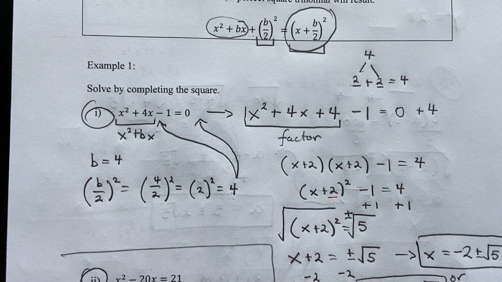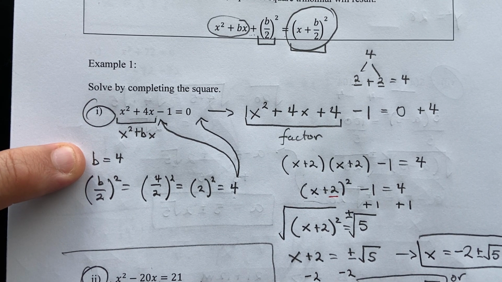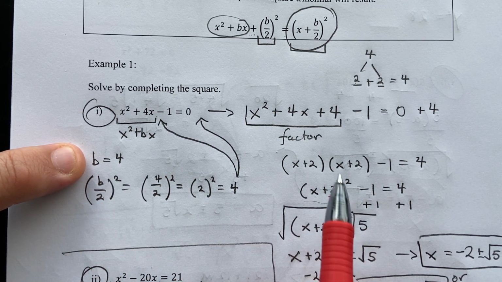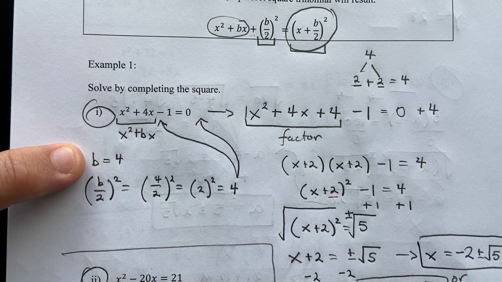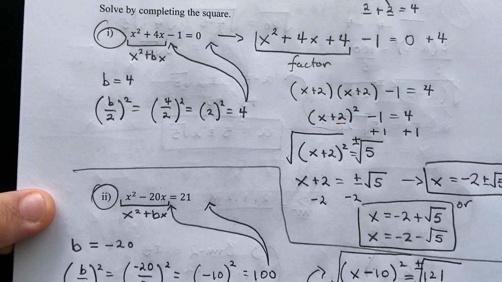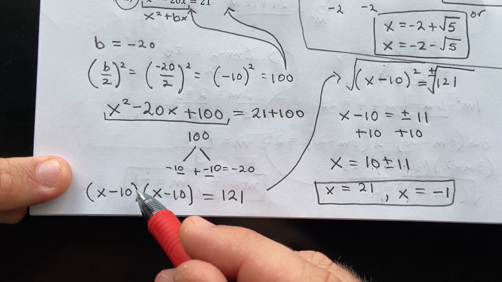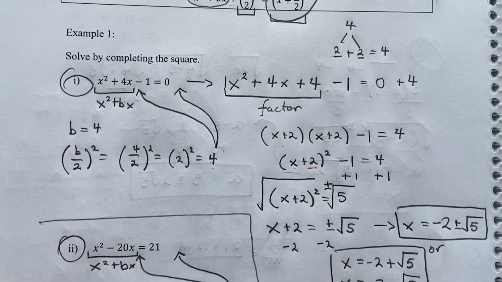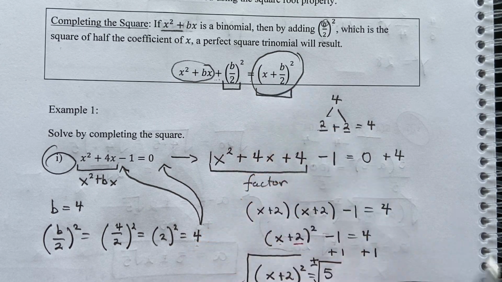That 2 right there is exactly half of b, because b is 4. So it's no coincidence that if b is 4, I get half of b right there. That's what this is saying. Half of b will just appear right there in the factorization. For the next one we did, I factored using the a times c method, but I could have used this conclusion that said it'll always factor as x plus half of b.